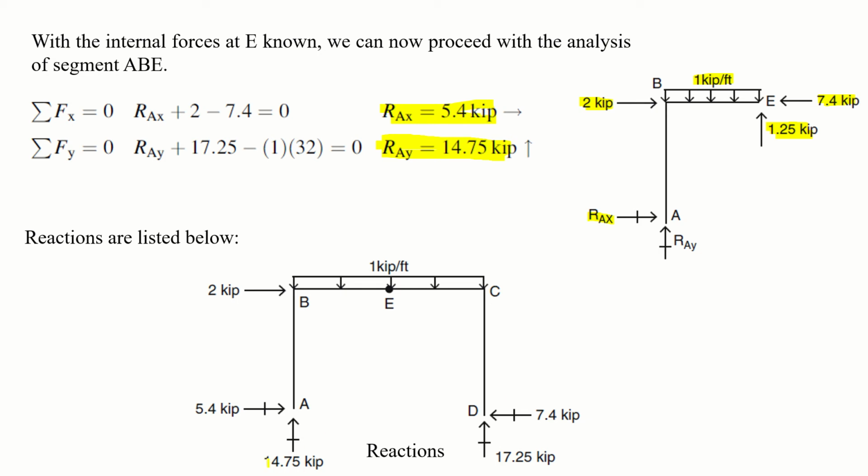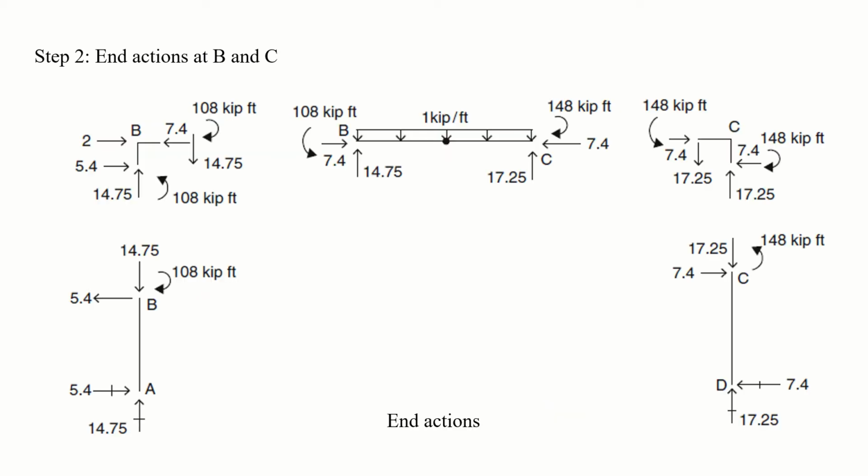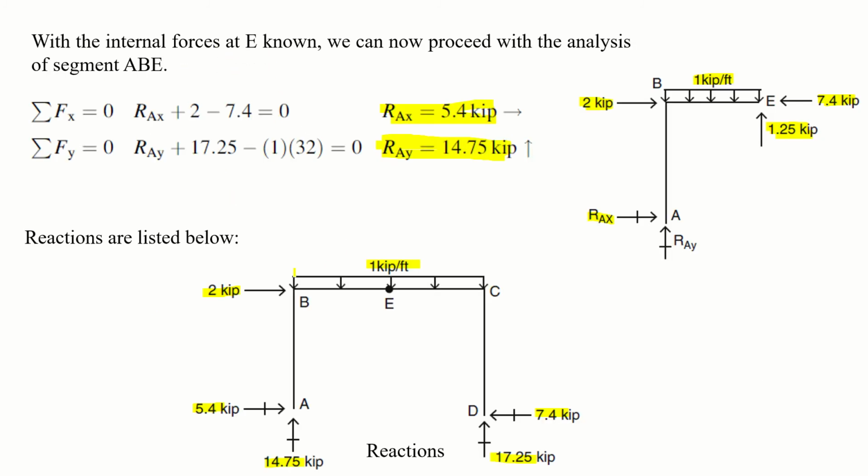You can check this: RAY, RDY, RAX, RDX, and these are the applied forces: 1 kip per foot and 2 kips. So these are the reactions. Now the next step is to find the end actions at B and C. See, this is your B and this is your C.